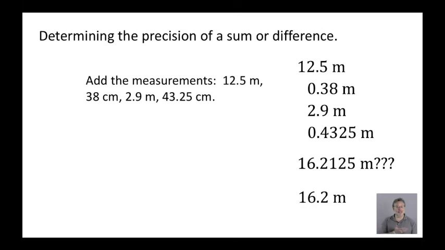For the same reason that we had to report approximately 25 million votes in order to be responsible in our revealing of truth, we have to do the same thing here when we're adding up all these measurements. And it's the same procedure if you're subtracting as well. You want the precision of your sum or your difference to reflect the precision of the least precise measurement that contributes to your sum or difference.